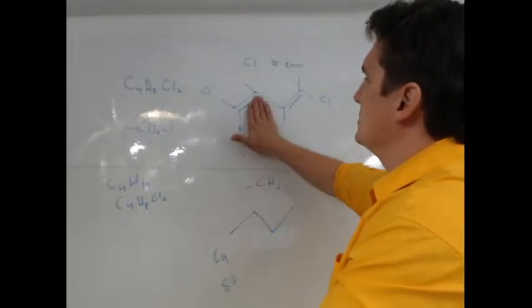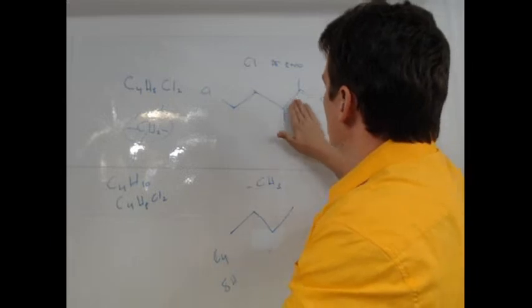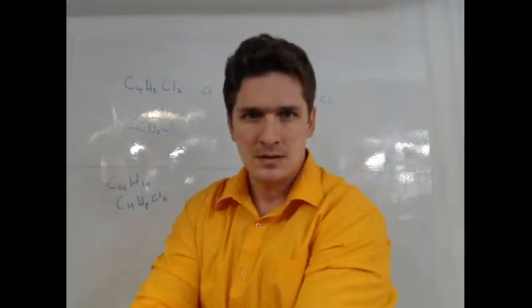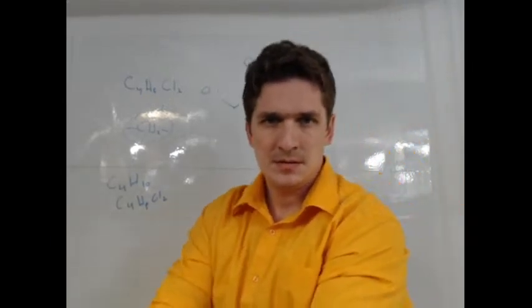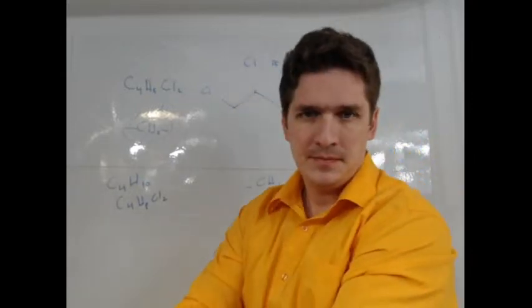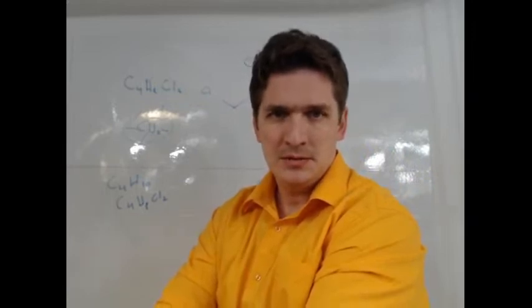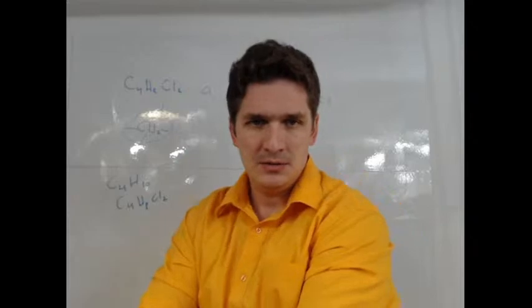So this is saturated, so there's no double bonds. Chlorines are at the terminal end, and none of the carbons belong to methylene groups.